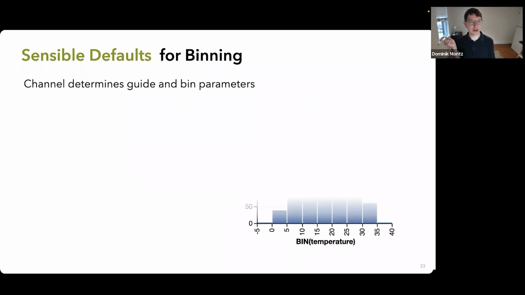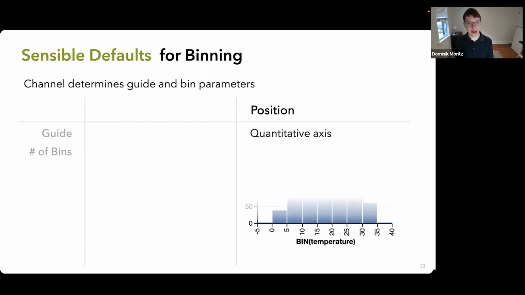And it actually depends on the guide and also bin parameters. So if we have, in this case, a position encoding, right, x is a position encoding, we have a quantitative axis with many bins. So you can see the continuous range.